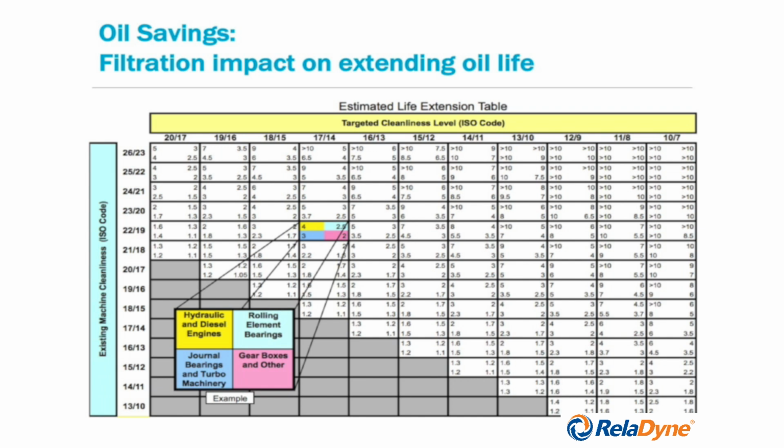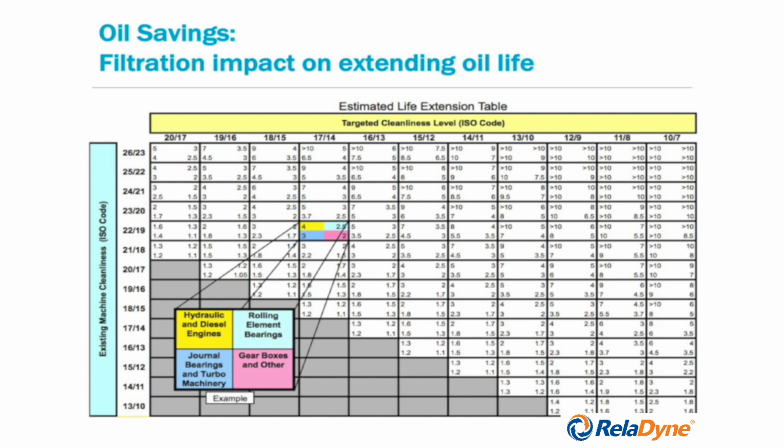You can go into the column that is on the extreme left, which is labeled 20/17. You can go towards the right, which means much cleaner oil, and it culminates in oil that is labeled as 10/7. But these are the various columns. In these columns, oil that's not too clean on the left, oil that is very clean on the right.